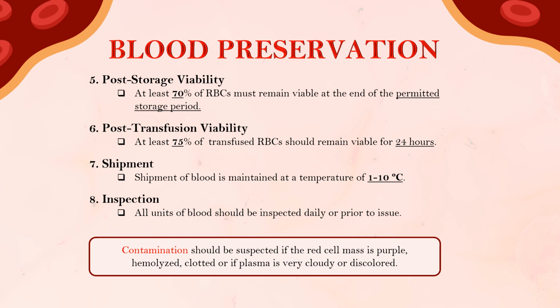We actually do this for one main reason, and that is to rule out the evidence or possibilities of contamination. But when a blood unit appears to have a purplish coloration of the red cell mass, the presence of hemolysis, if there is a clot seen in an RBC unit, and when a plasma unit looks cloudy or discolored, these frequently observed changes in a blood unit's appearance are indicative of contamination.